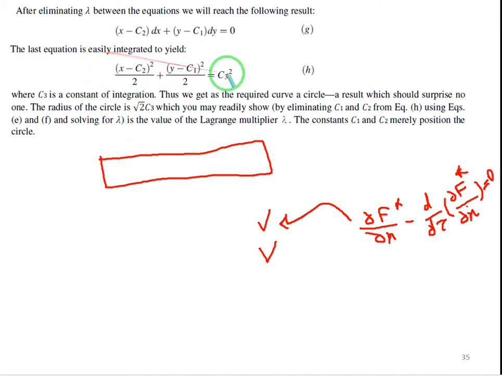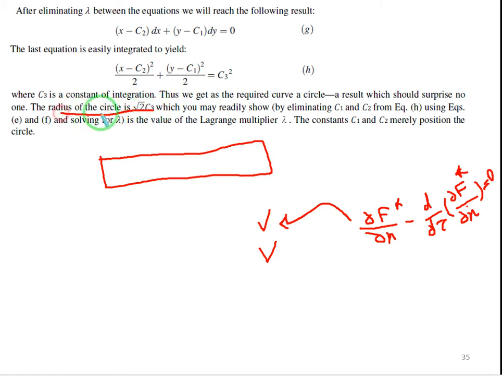From this equation H, we can easily say that it shows the equation of a circle with its center at (C1, C2) and with a radius of the square root of 2 multiplied by C3.